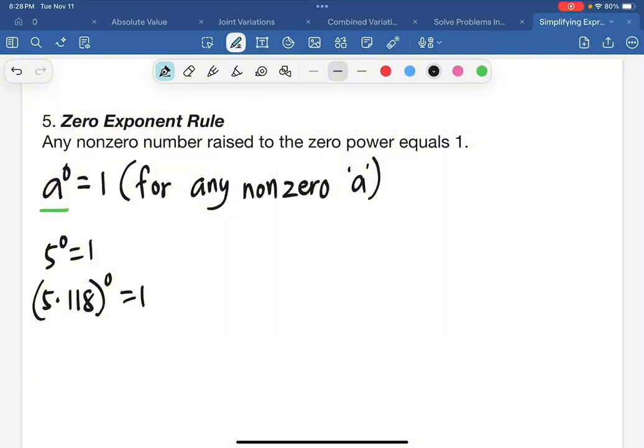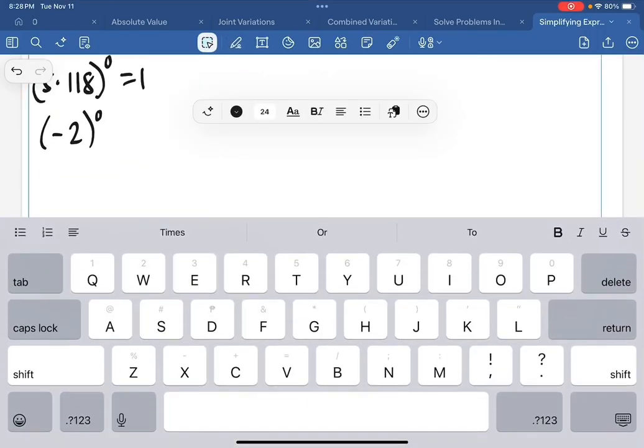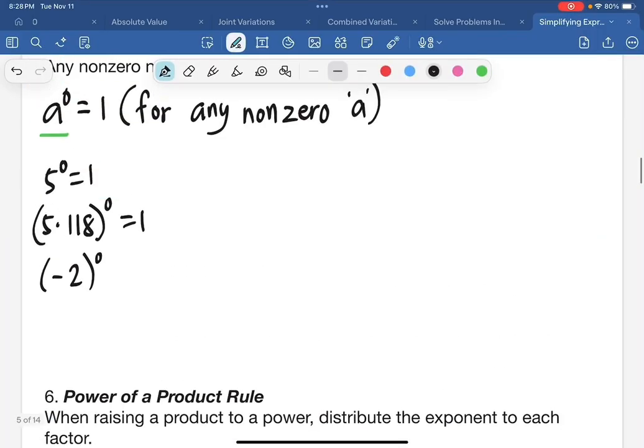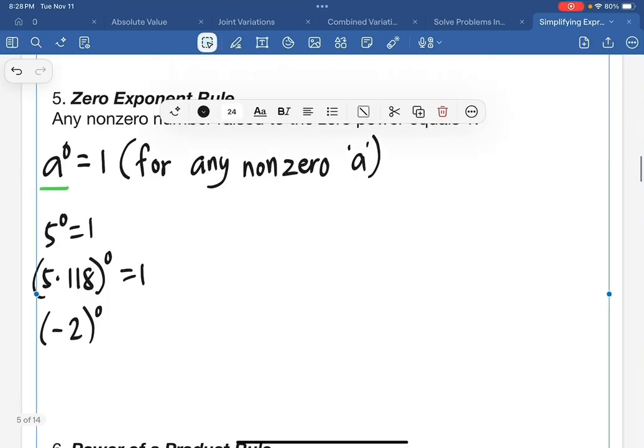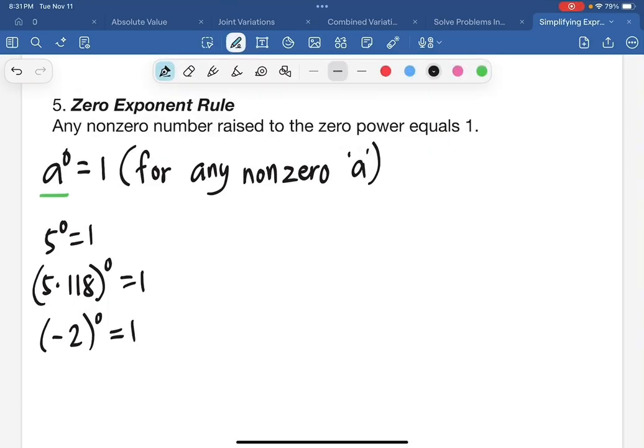Even if we try a negative, so negative 2 raised to 0 is 1. Now let's have some recap on the following givens. Let's try.